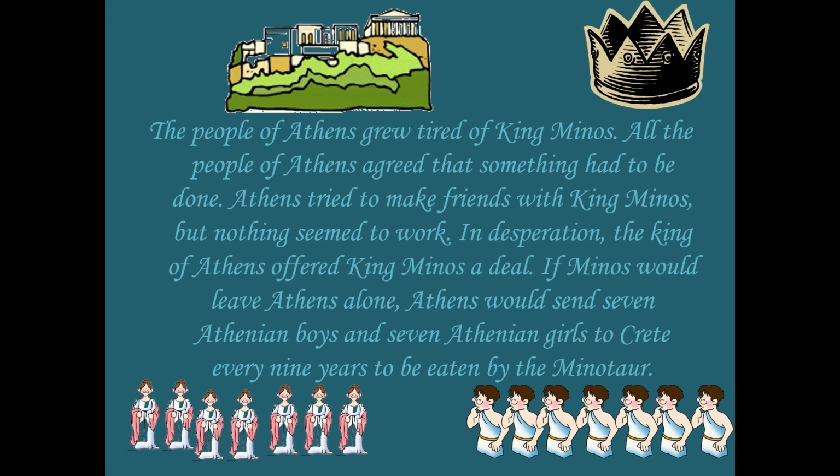Therefore, the Athenians tried to reach an agreement with the king, and the Athenian king offered King Minos a deal. The deal said that the city of Athens would send 7 Athenian boys and 7 Athenian girls to Crete every 9 years for the consumption of the hybrid monster Minotaur.